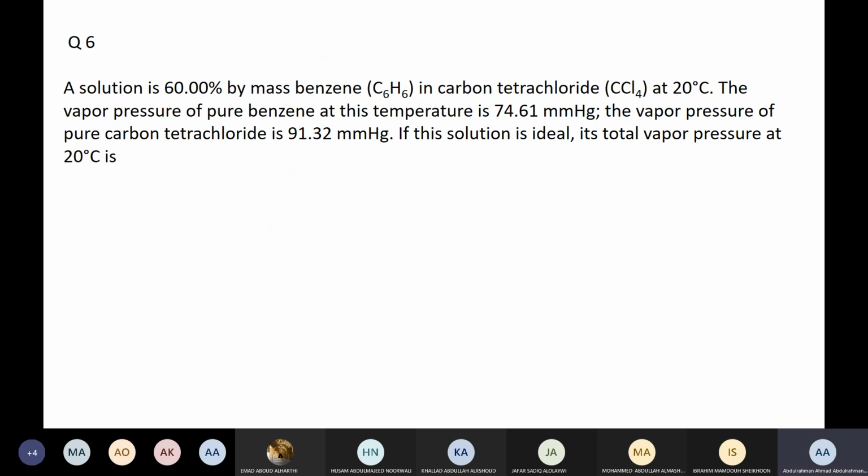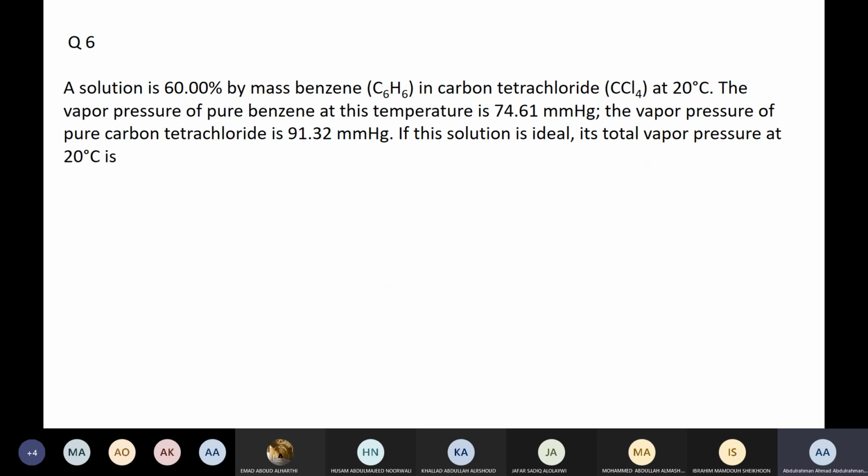All right, good. A solution is 60% by mass benzene, C6H6, in carbon tetrachloride, CCl4, at 20 degrees C. The vapor pressure of benzene at this temperature is 74.61 millimeter Hg.